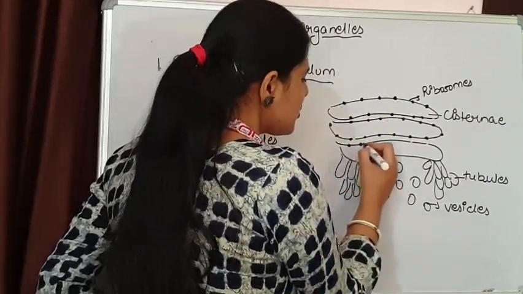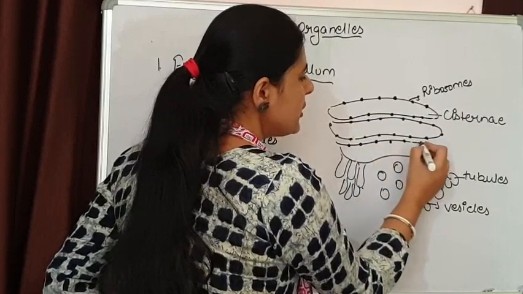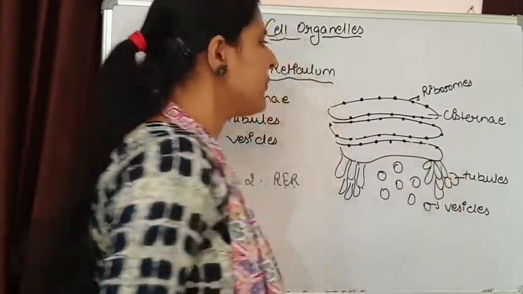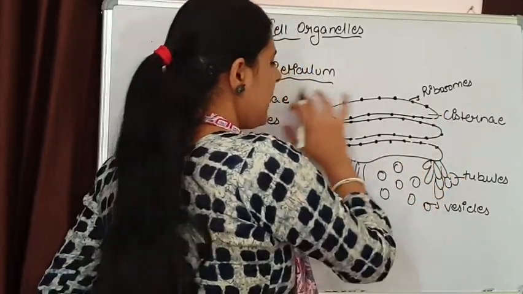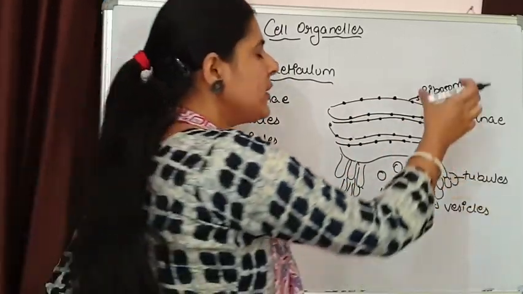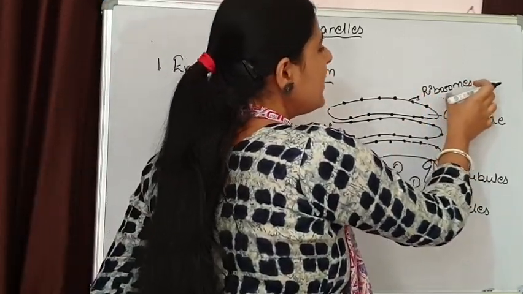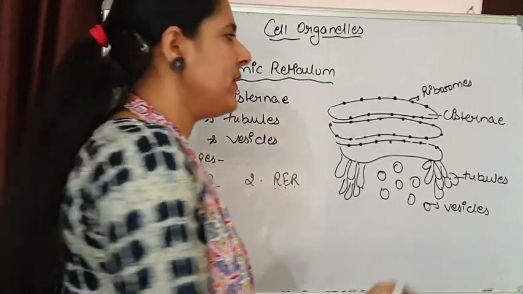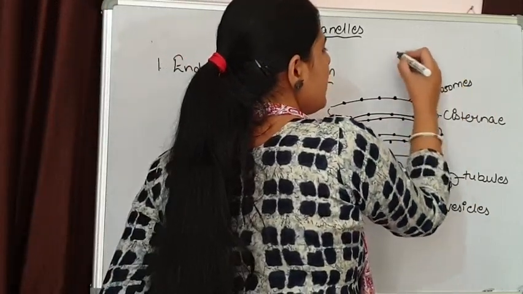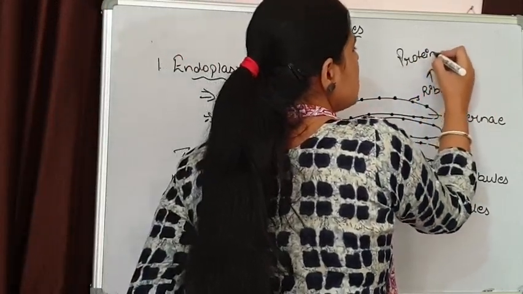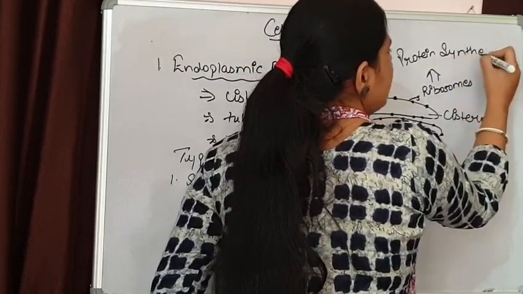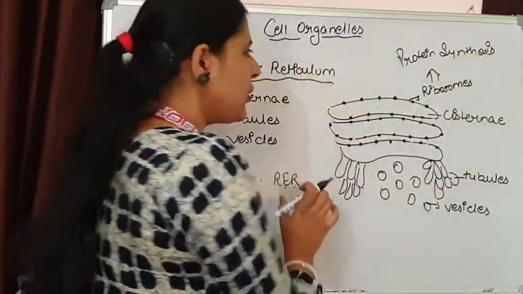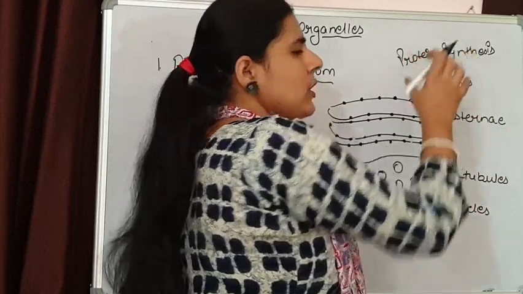Other than the structural difference, they have a functional difference also. The endoplasmic reticulum that has ribosomes on its surface is involved in the process of protein synthesis. That means the function of rough endoplasmic reticulum is protein synthesis.